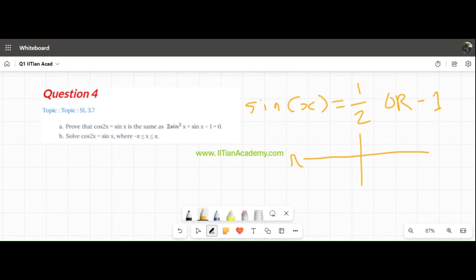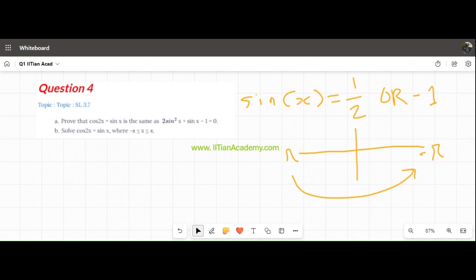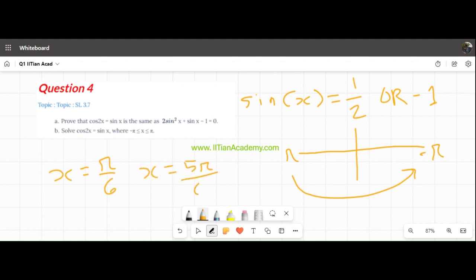So we know that sine x is equal to 1/2 if x is equal to pi over 6, or x is equal to 5 pi over 6.